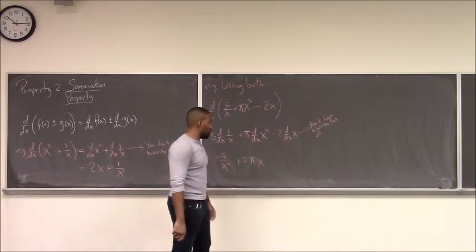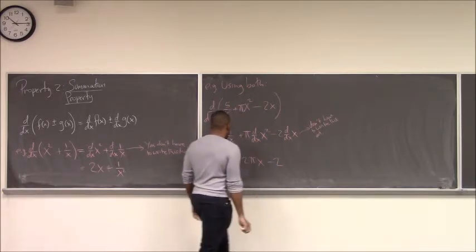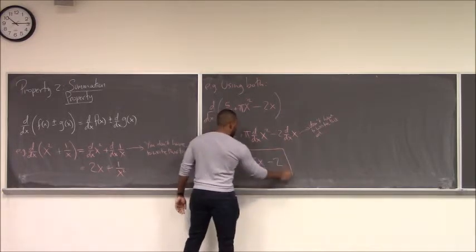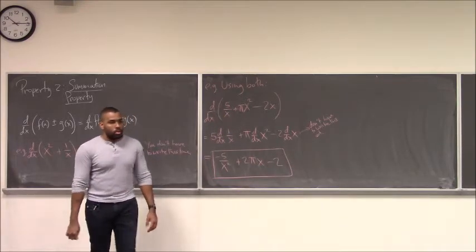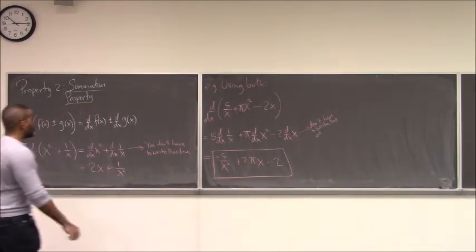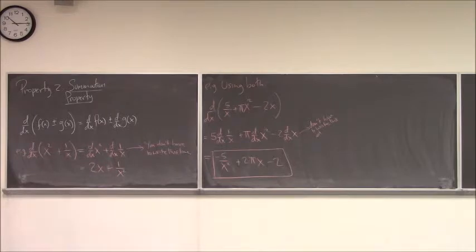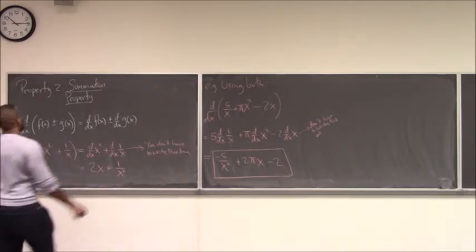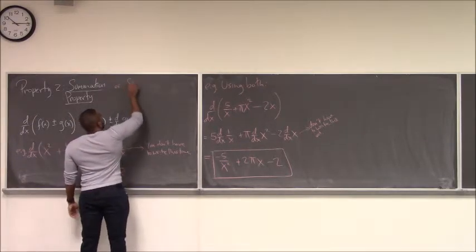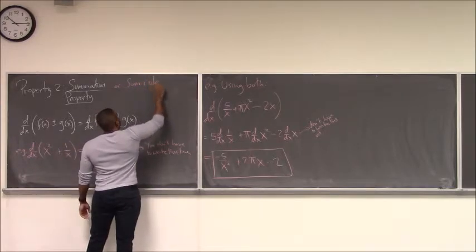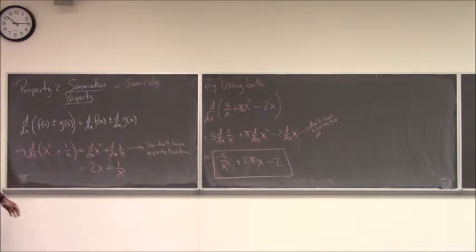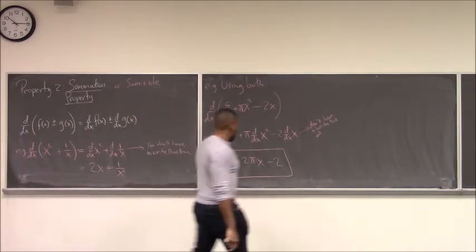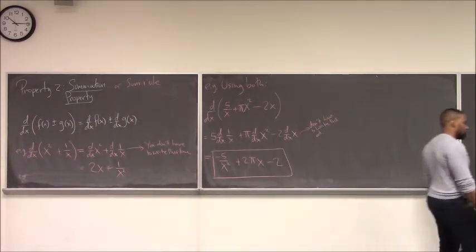We know the derivative of x is 1, so that's just 2, and that would be the answer. So the constant factor rule and the summation property, or some people call it the sum rule, can help us to find derivatives of more complicated functions without going through a lot of work.